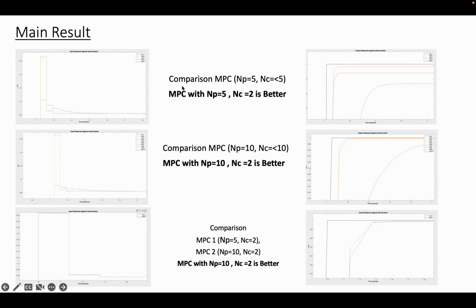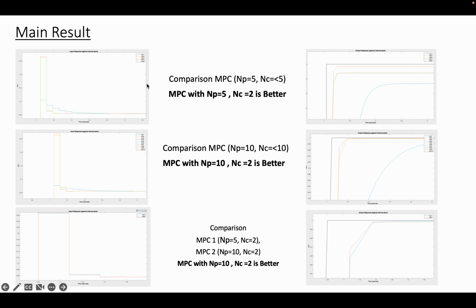And this is the design of the MPC controller. For this report, I compare by varying NP. NP is the prediction horizon, and NC is the control horizon.